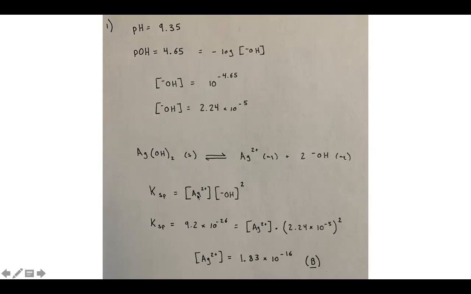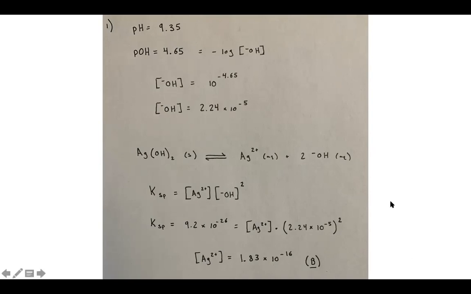So KSP will just be our concentration of silver times our concentration of hydroxide squared. My KSP was given in the problem, and from our pOH, we found that our hydroxide concentration is 2.24 times 10 to the negative fifth. I plug that in, and remember to square it because the coefficient of hydroxide is 2. When we solve for the silver concentration at equilibrium, you find it would have to be 1.83 times 10 to the negative 16th.